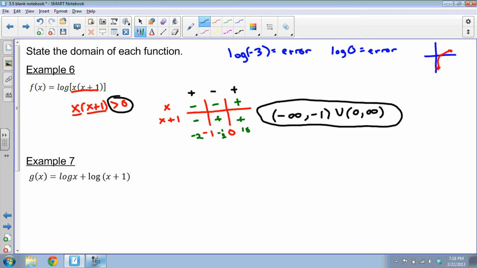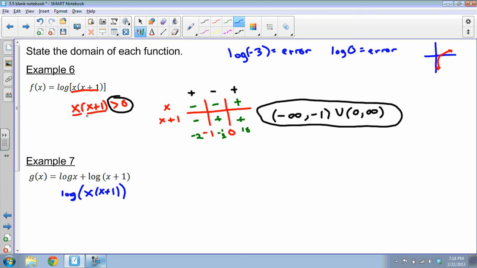Now let's look at this next example. What's interesting here is if you think about the properties of logarithms, I have a plus sign here, and what we did in one section is we combined these logarithms and said, oh, that's log of x times x plus 1.